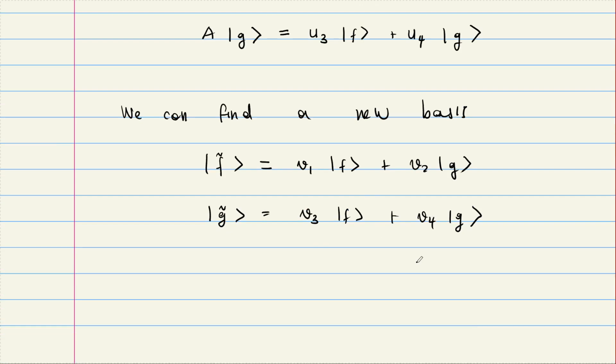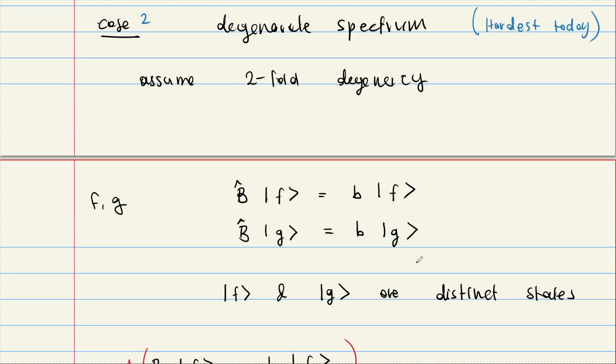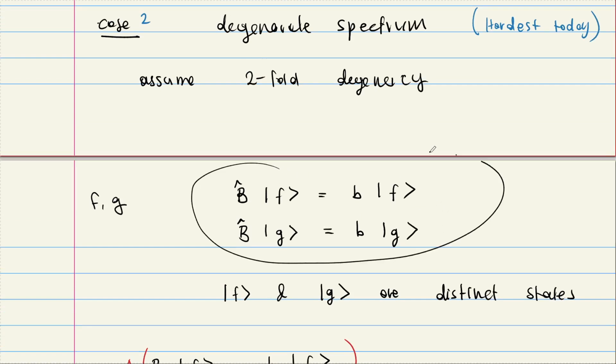Do you have a question? We came up with F and G just because we already knew that B has two states with the same measurement. Yes, yes. So suppose there is a degeneracy, and for degeneracy we assume twofold degeneracy, then now this is given.